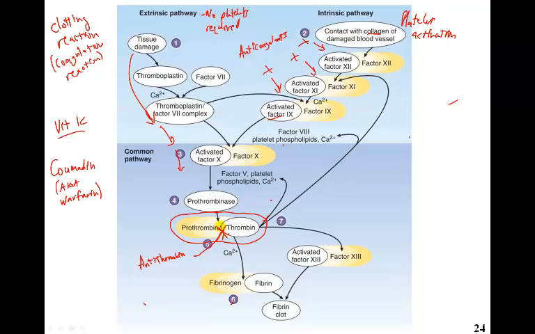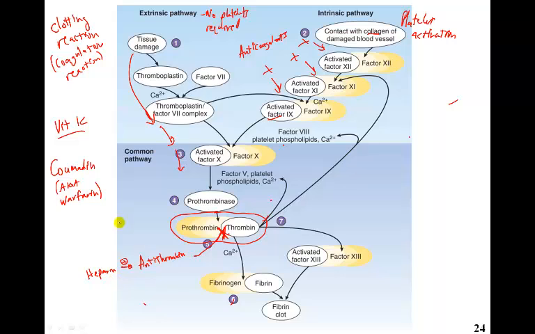It's always floating around the blood, and it basically breaks down thrombin whenever it finds it. And then there's another molecule always floating around in our blood called heparin, whose job is to basically activate antithrombin. So heparin activates antithrombin, which breaks down thrombin.